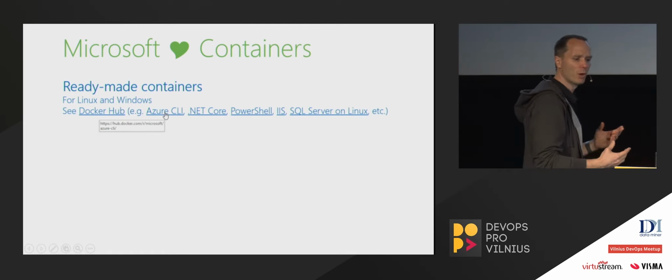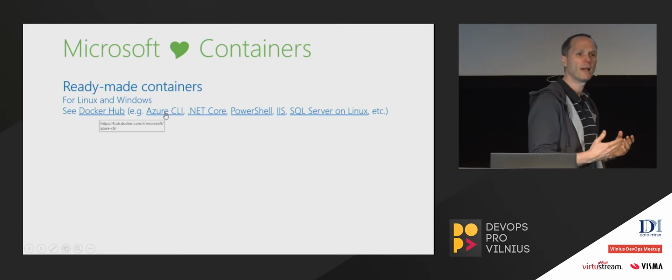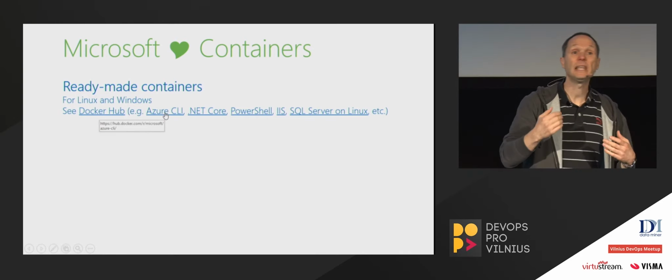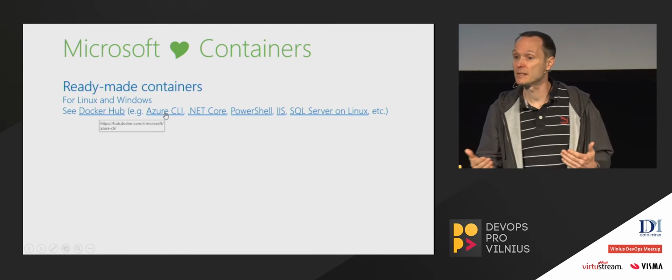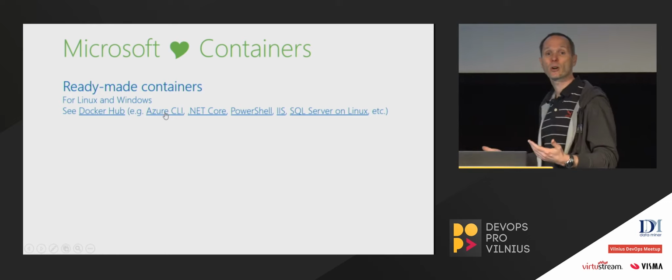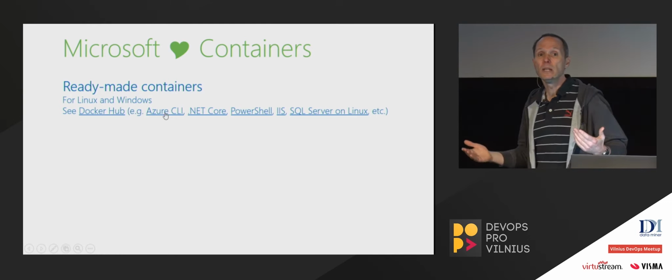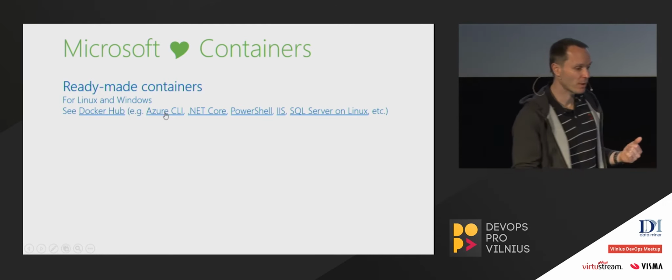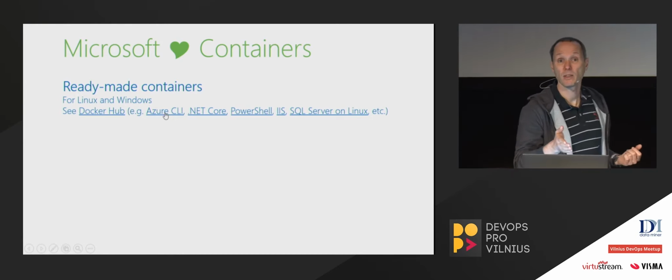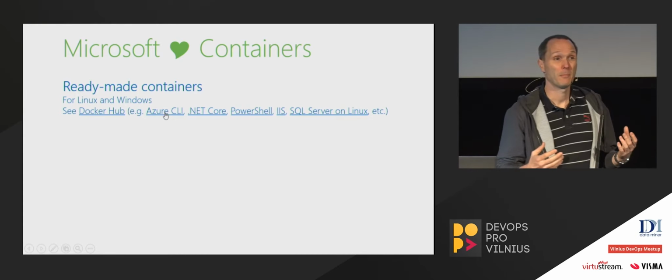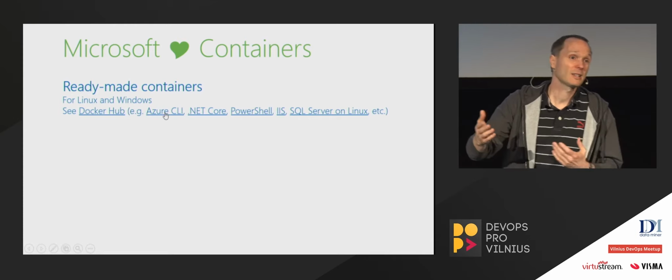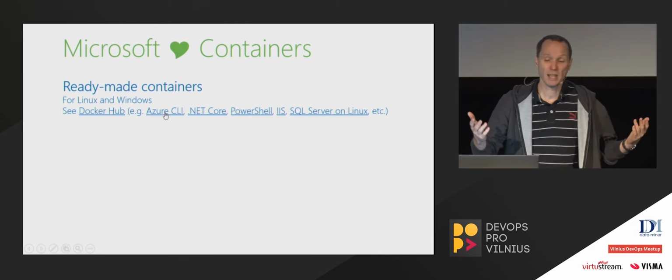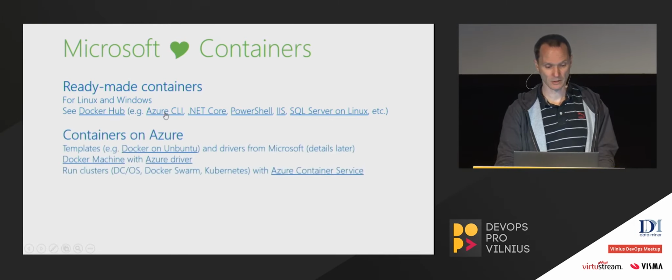So for instance, if you want to run the Azure CLI, the command line interface for Azure, you don't have to install the prerequisites and the CLI anymore. You just spin up a Docker container and it's immediately up and running. And that's the important thing here. So this is, by the way, a Linux-based image. So Microsoft offers Linux and Windows-based images depending on the situation and the prerequisites of the software.